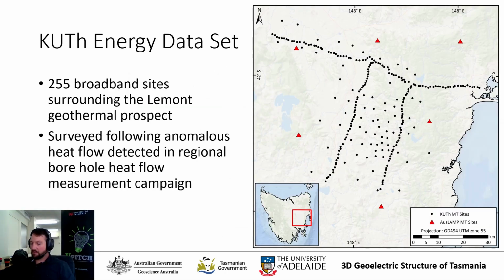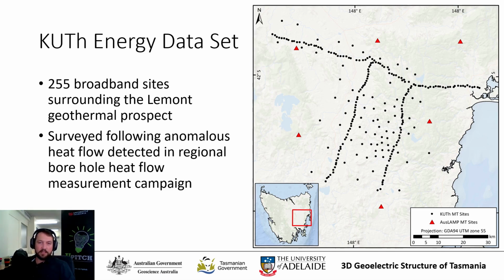I'll just pivot to the final part of the talk now, where I'll cover some of the modelling work I did on a legacy MT dataset acquired between 2008 and 2009 in eastern Tasmania as part of KUTH Energy's geothermal exploration campaign. This is the dataset.